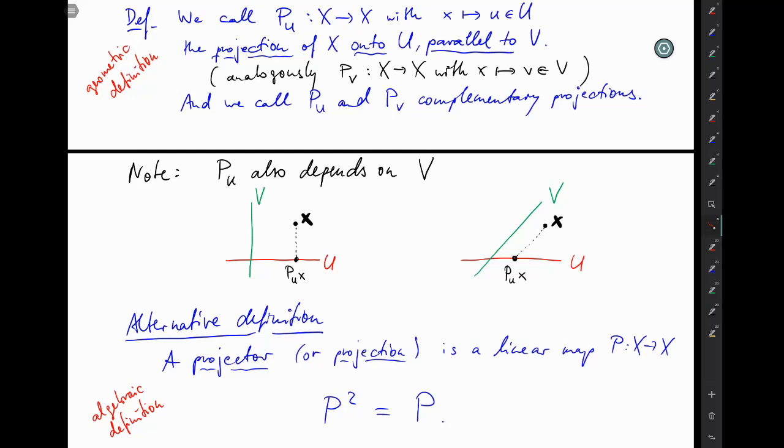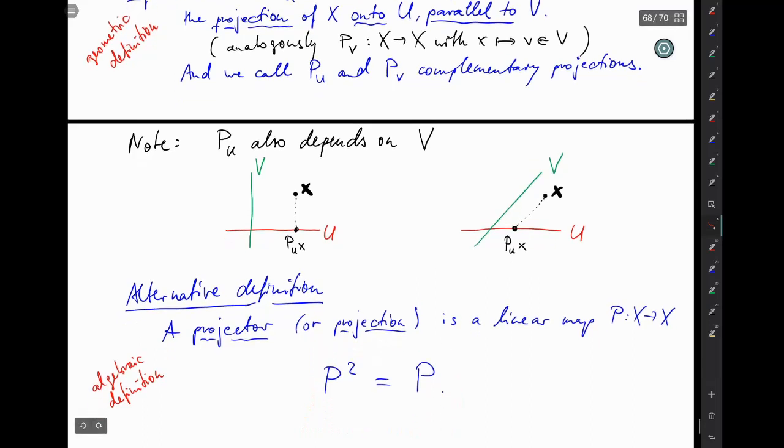So projection done twice is the same as projection done once. This is clearly true from the geometrical perspective, and therefore the geometrical definition fulfills this equality that we call the algebraic definition.